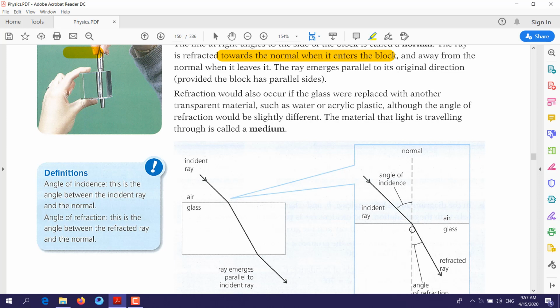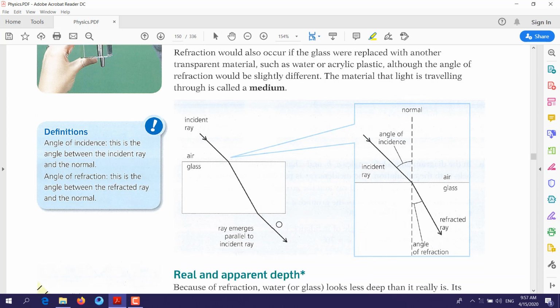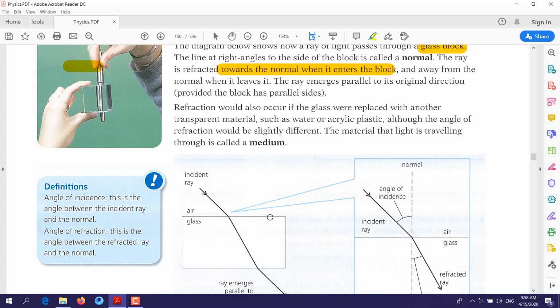It bent to where? It bent toward the normal. Okay, this is the normal, the straight line. And then when it leaves the glass, from glass to air, again it will bend, but this time it will bend where? It will bend away from the normal when it leaves it.